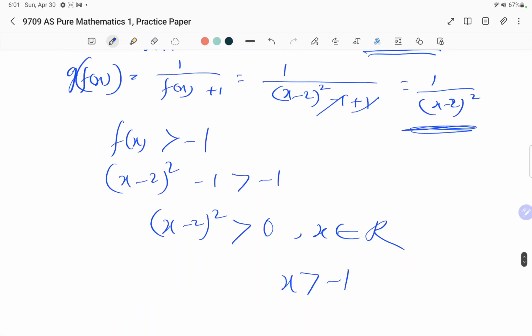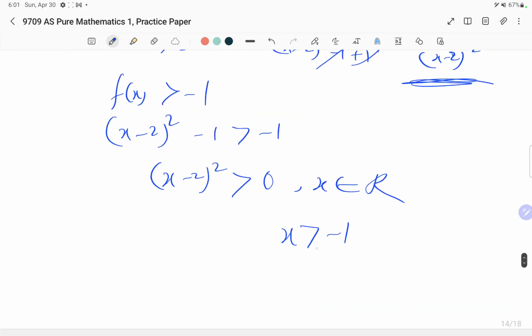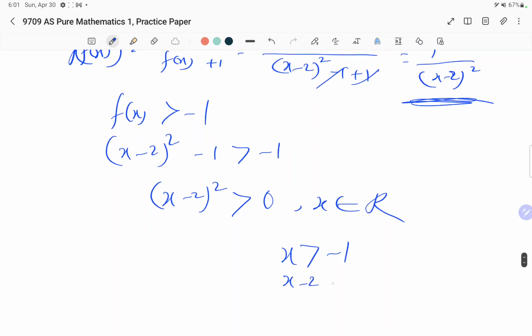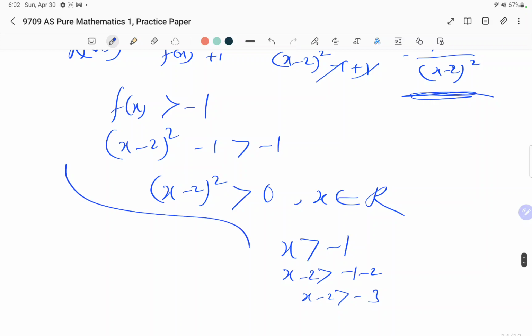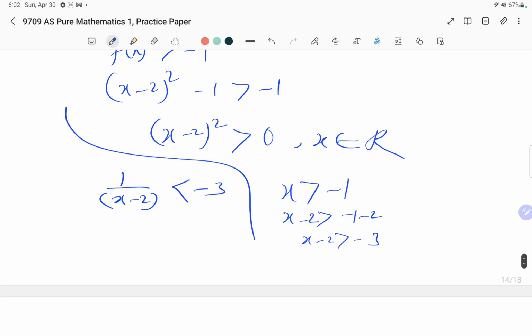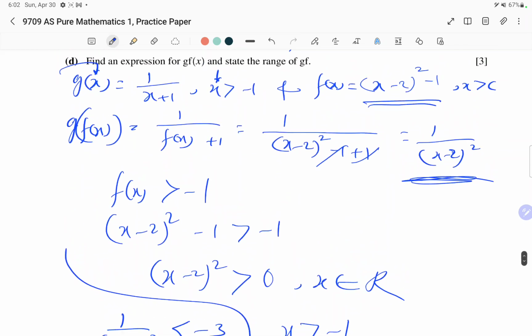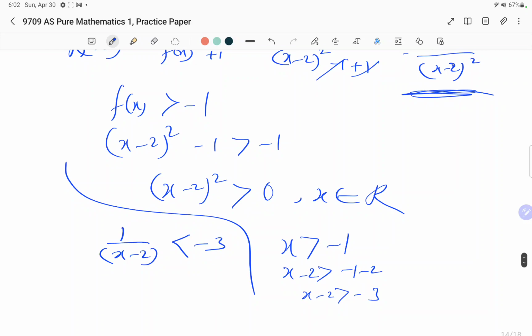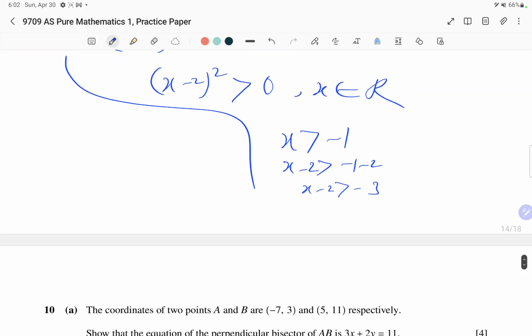Now we have to find the range of this. Okay, so now try to make x minus 2, so subtract 2, so x minus 2 is greater than minus 3. Now 1 over x minus 2 is smaller than minus 3, right? And it is a square. One minute. Can we square here? x minus 2 greater than minus 3.